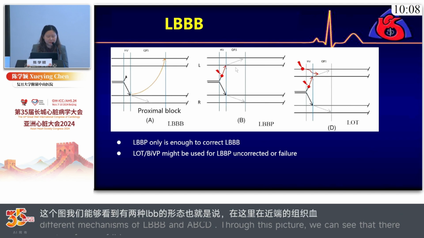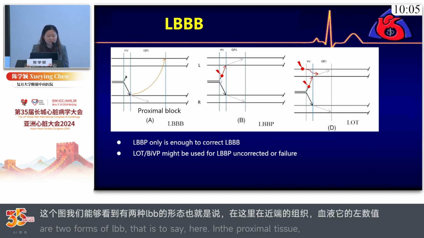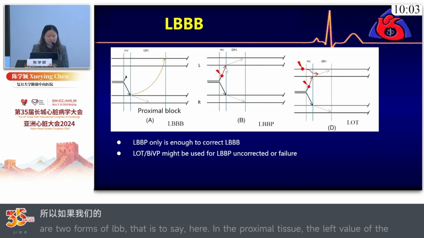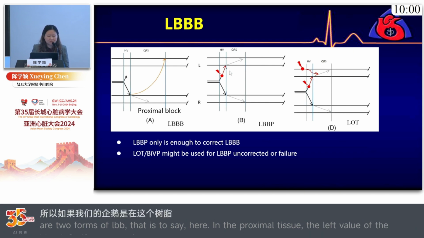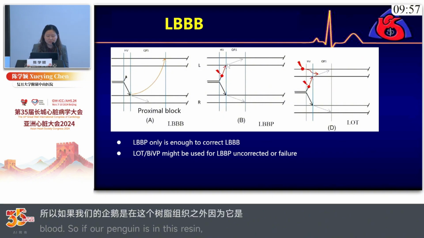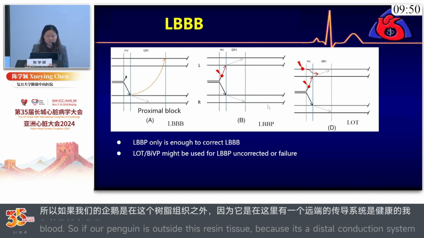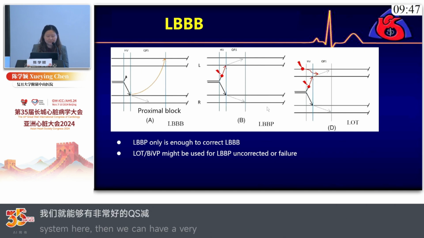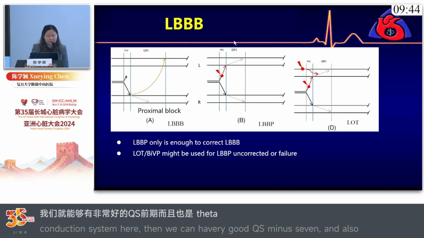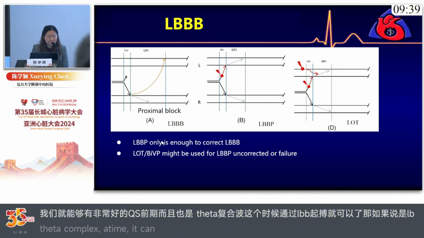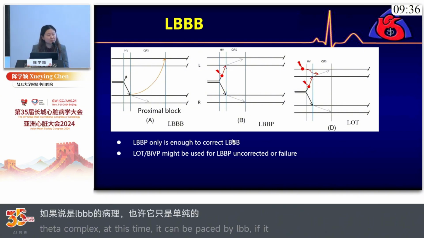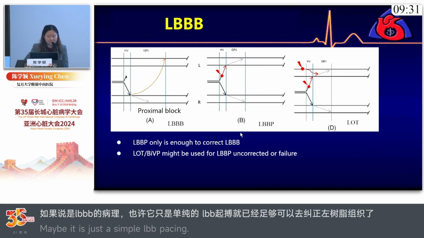So if we can pace just beyond this block, because the distal conduction system is healthy, we can have a very good narrow QRS complex using LBB pacing. So when we have LBBB, maybe LBB pacing only is enough to correct it. No need for BiVP or LOT-CRT.